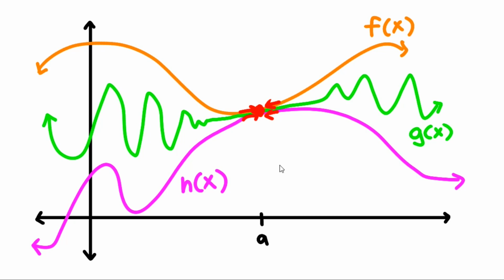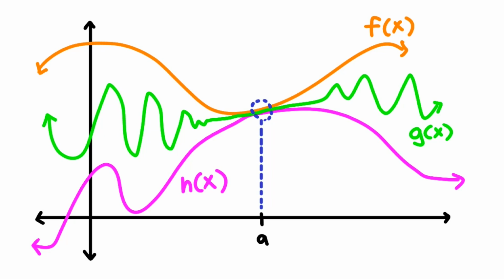Its limit must also be the same as for f of x and h of x, which is L. So it's something like that. Again, we're only focusing at values near a, so we don't really know what happens out here and out here. So that is the idea in the squeeze theorem.